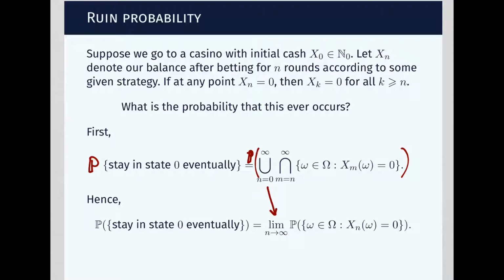The first example we gave was of ruin probability, when we showed that in order to understand the probability that we will go to ruin at some point, we had a union of an increasing sequence of events, and it turns out we could compute this probability by taking out the union and taking the limit instead.